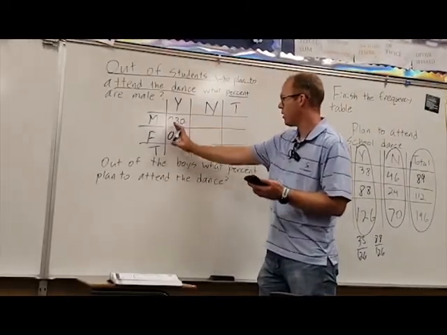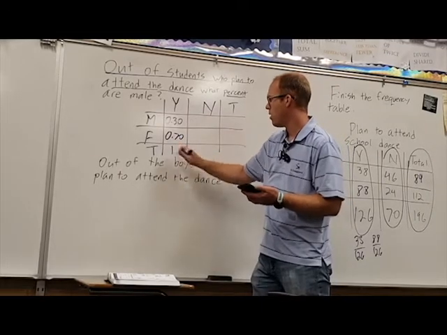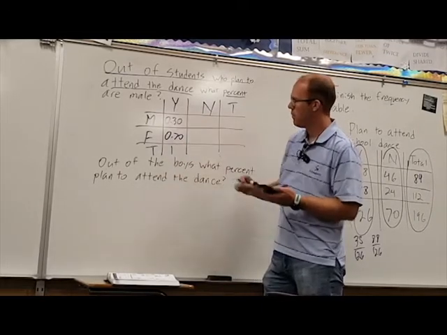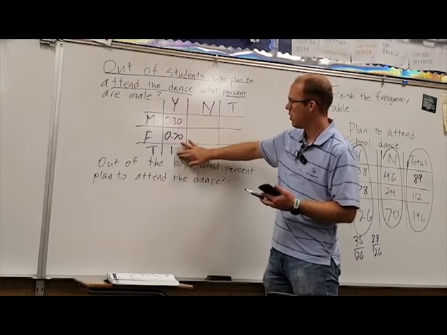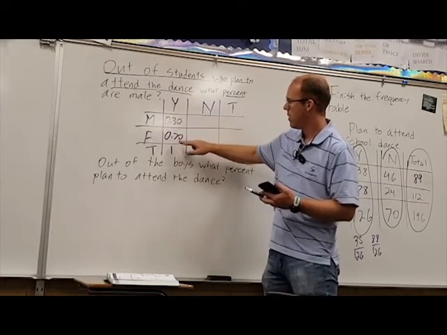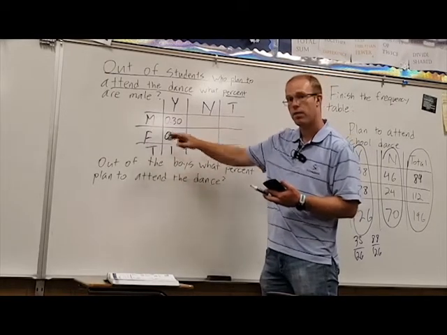And we're working with the column, so our column total, these should add up to 1 for 100%, and they indeed do. So we can see 30% out of these people who are going to the dance are male, and 70% out of the people who are going to the dance are female.